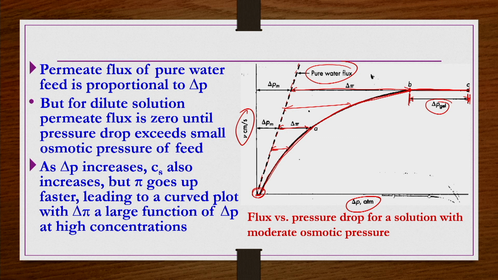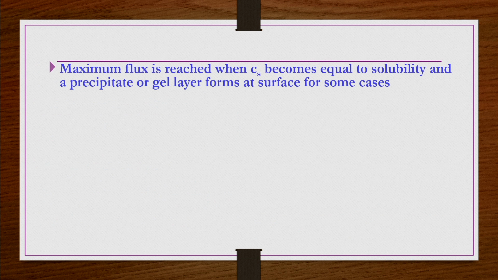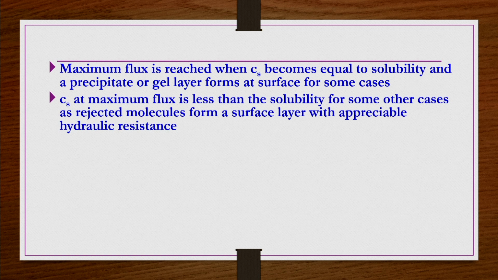In general, this is what you find, okay. This maximum flux is reached when Cs becomes equal to the solubility and a precipitate or gel layer forms at the surface for some cases. However, in some cases Cs at maximum flux is less than the solubility, as the rejected molecules form a surface layer with appropriate hydraulic resistance.